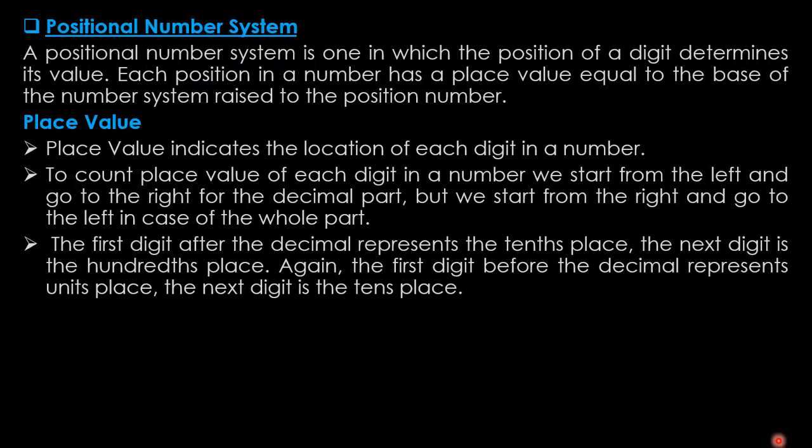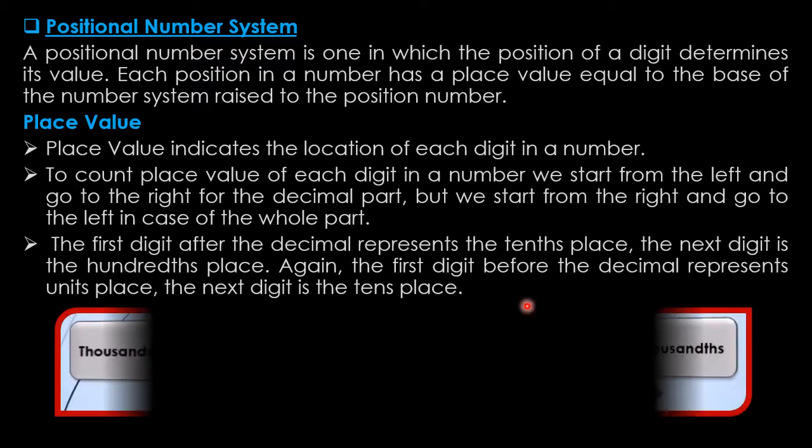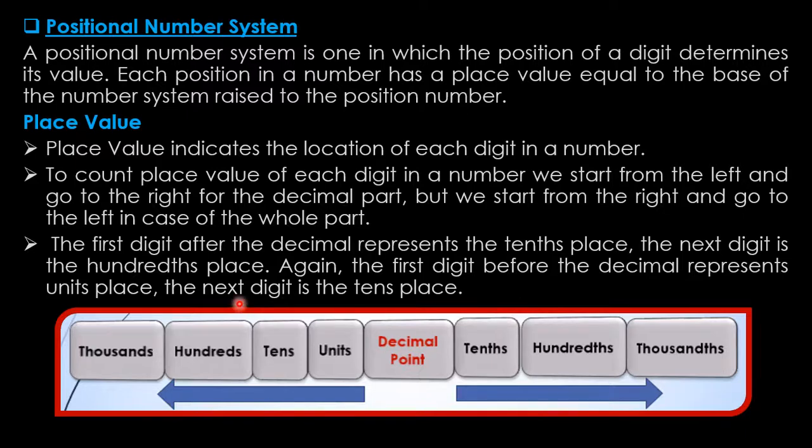Again, the first digit before the decimal represents the units place. The next digit is the tens place. So this is the decimal point. The first digit after the decimal on the right side is the tenths place, hundredths place, thousandths place, whereas on the left side before the decimal point this is the units place, tens place, hundreds place and thousands place.